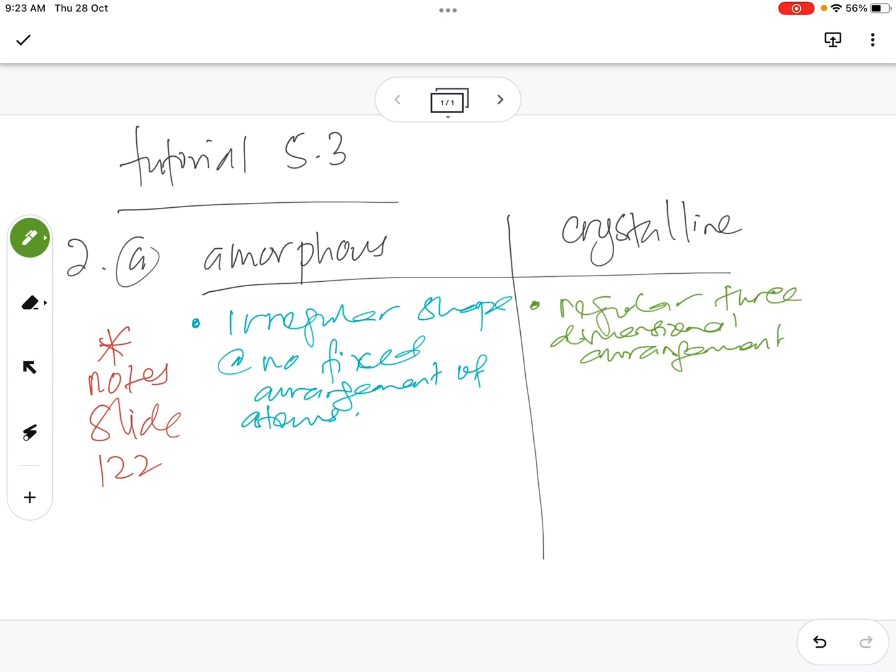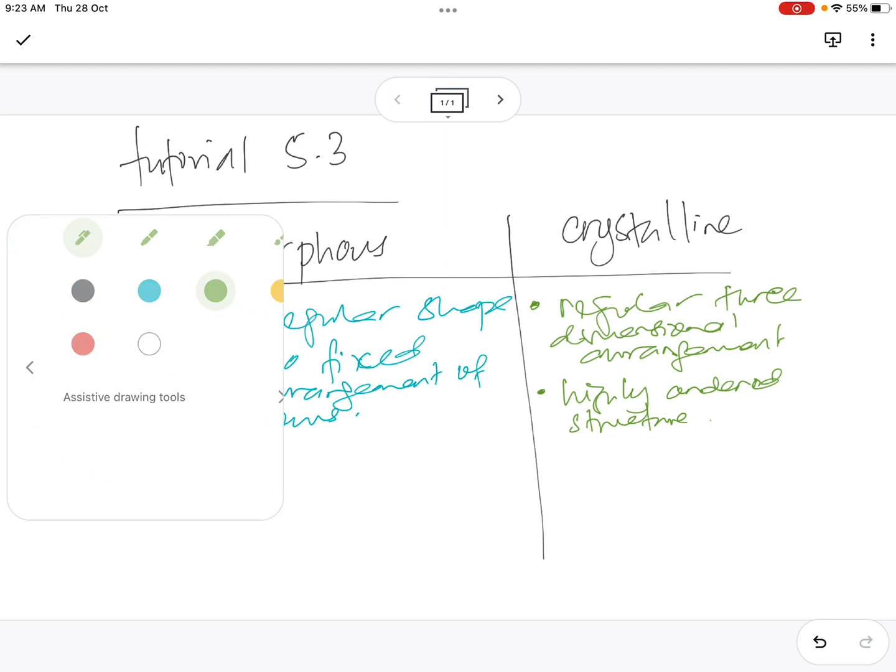Okay, that is the first point. That means they have highly ordered structure. Susunan yang lebih kemas lah, lebih systematic lah. Order, yalah, systematic arrangement. Okay. That is the first difference.